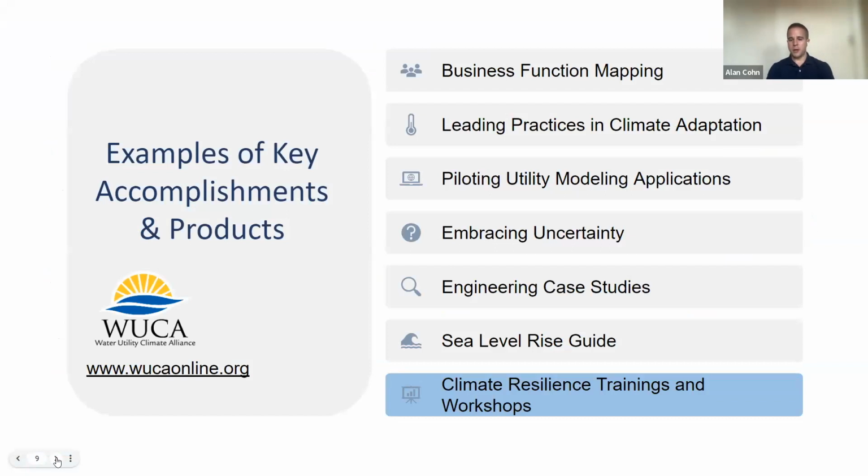So WUCA, we encourage you to check out our website. It's wucaonline.org. I'm just typing in the chat. You can find many of the products we've released over the years. Business function mapping, I won't go through all of these, but everything from identifying the ways that utilities use climate information, profiling leading practices in climate adaptation, working with academic partners to advance modeling work, and providing guidance and case studies.